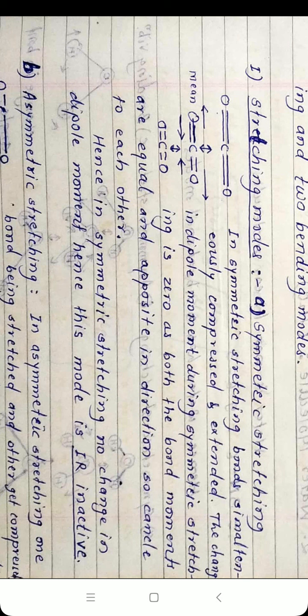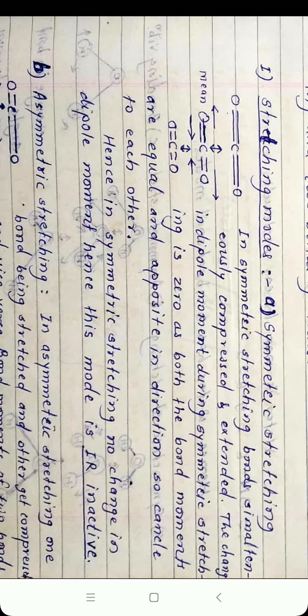Then if you consider these four modes and their dipole moment, it is observed that for the symmetric stretching mode shown in the diagram, the dipole moment is zero in all three forms during symmetric stretching, that is, the mean position, compressed position and stretched position. In all these positions, the dipole moment is zero. Therefore, this symmetric stretching mode is IR inactive.